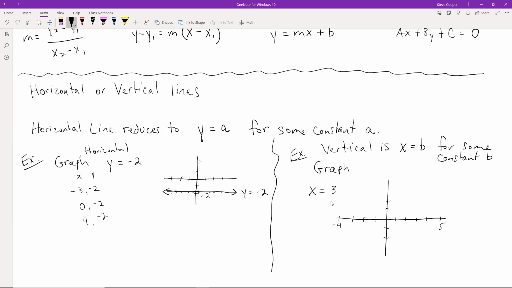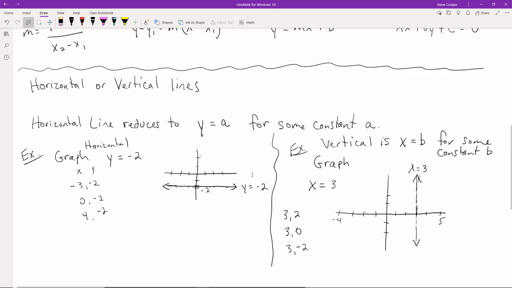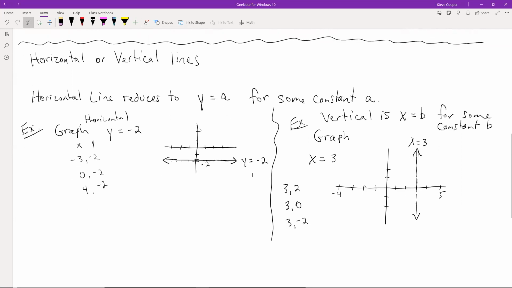Okay, so in this case, no matter what y is, x is locked in at 3. So 3 goes with the y of 2, 3 goes with the y of 0, 3 goes with the y of -2. So no matter what my y is, x is always 3. And that creates the vertical line.